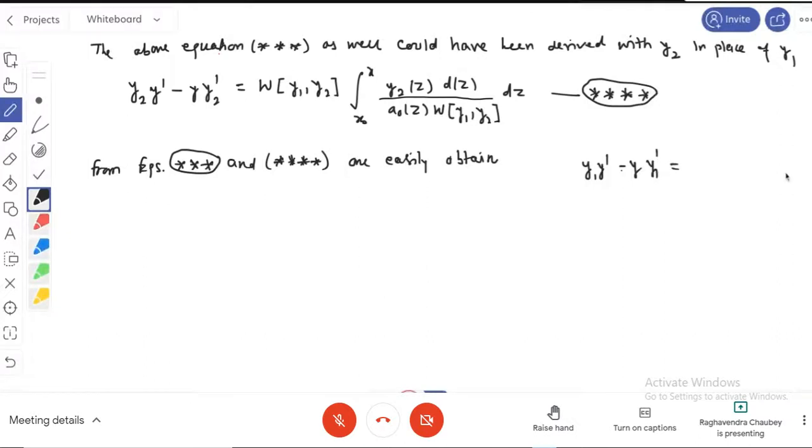Okay, this thing. So if we look here, if we use these two formulas, and if we multiply equation number third, because right hand side you have y1 y2, this is y1 z and dz over a naught z Gaussian of y1 y2 and dz.